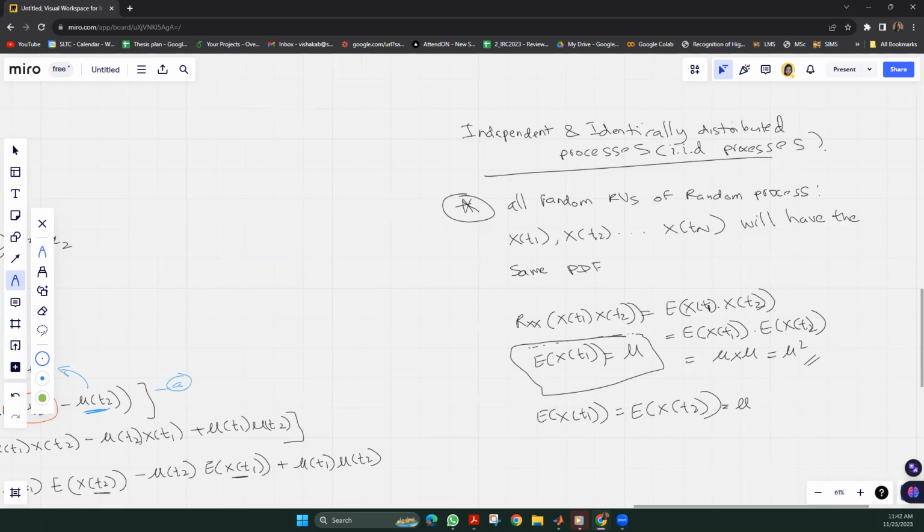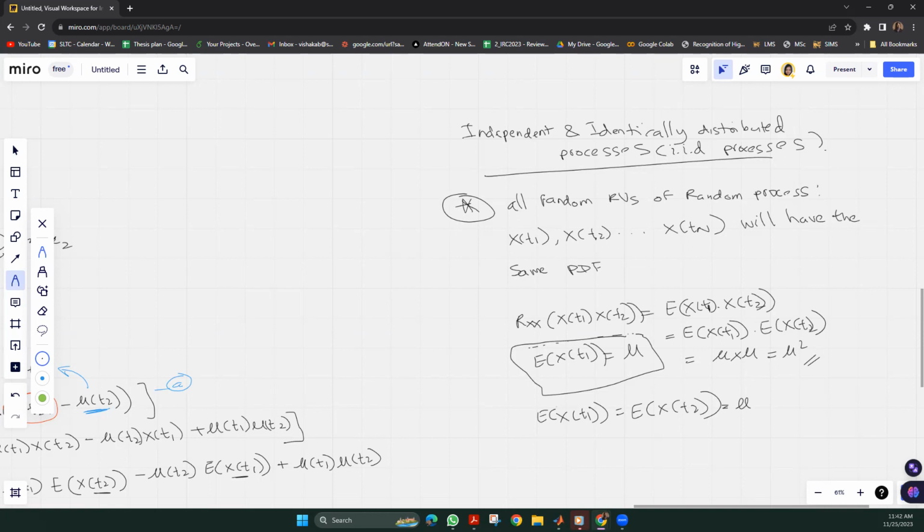If the PDF is the same, then the expectation operation on these random variables is also going to be the same, and therefore the average value is going to be the same. So the final value for the autocorrelation will be mu squared.